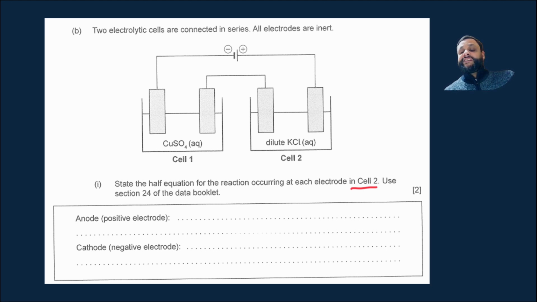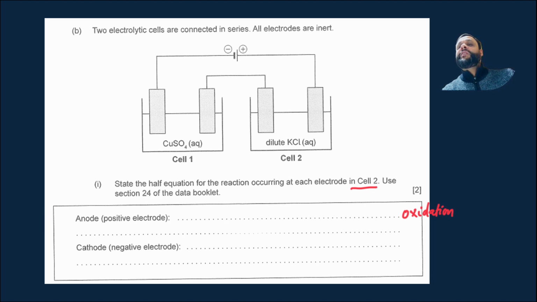So at anode, oxidation takes place. Both chloride ions and water will be attracted towards anode. But one of them will get oxidized, and it is the water that will get oxidized because of preferential discharge. If we look at the data booklet, when water gets oxidized, oxygen is produced. And why will water get oxidized?